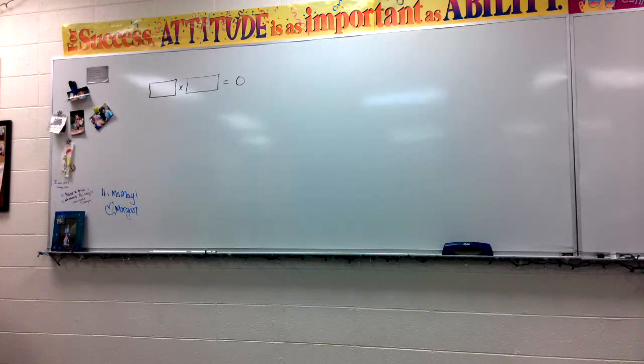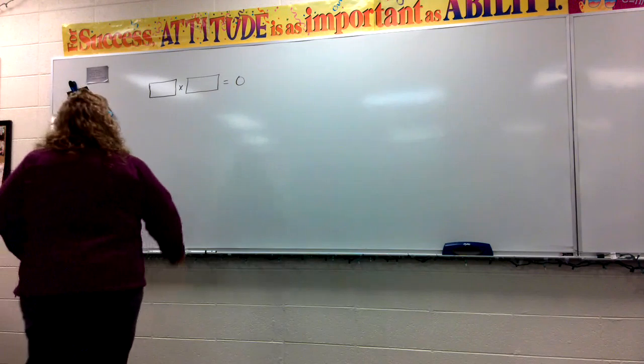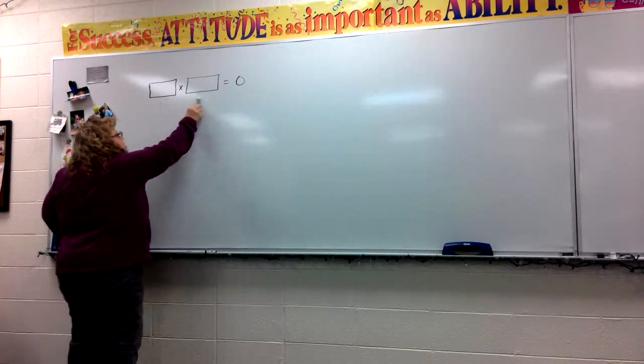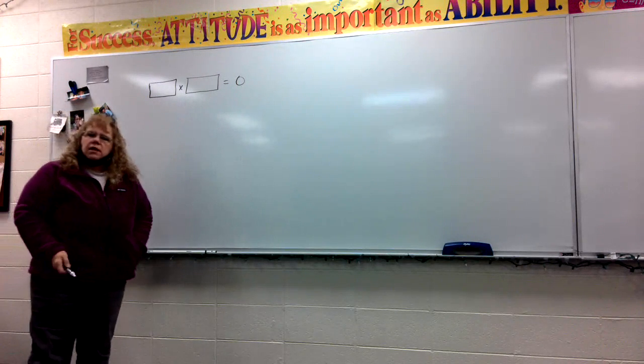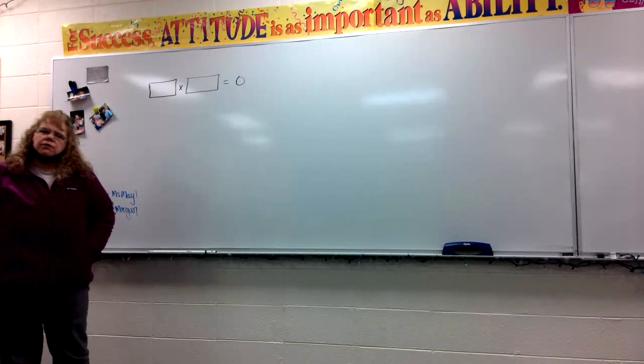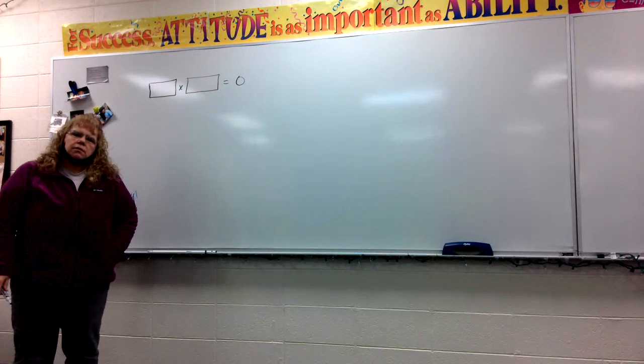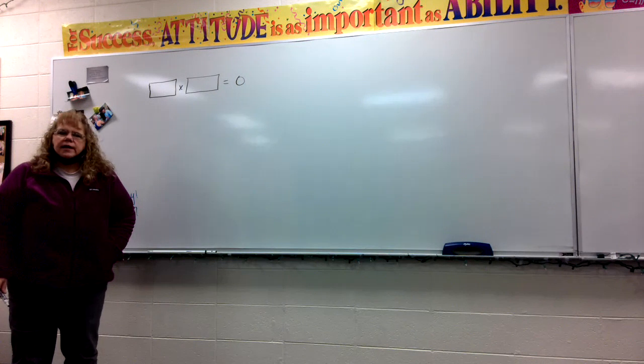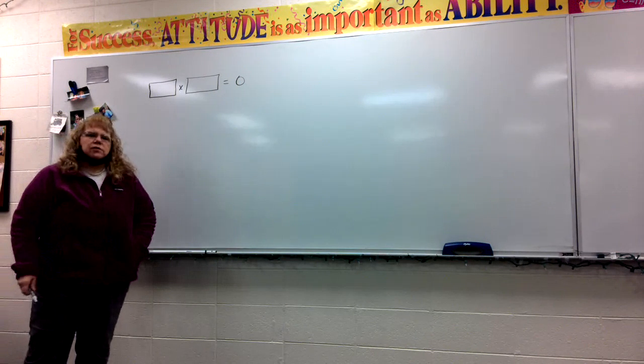Are you thinking about that? I multiply two numbers together and I get an answer of 0. Can you tell me something about one of these numbers then? If you end up with an answer of 0, how do you multiply two things and end up with an answer of 0?